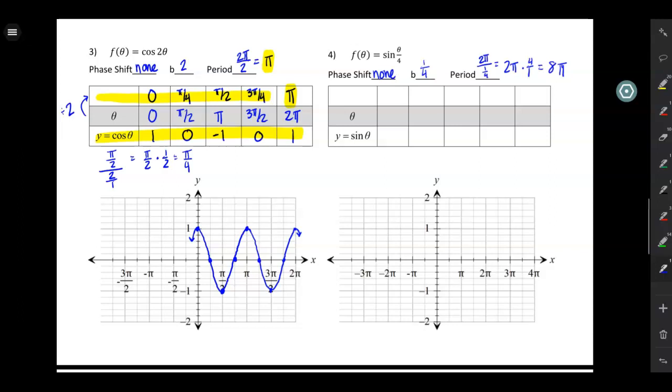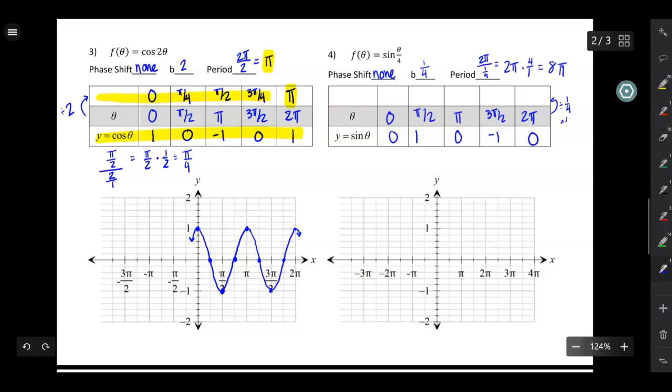So let's go ahead and fill in my parent function values, and then we'll talk about how big this period is going to be and what we're going to do with it. So remember that as I'm changing my period, I'm going to divide by 1/4, or in this case, that's the same as multiplying by 4.